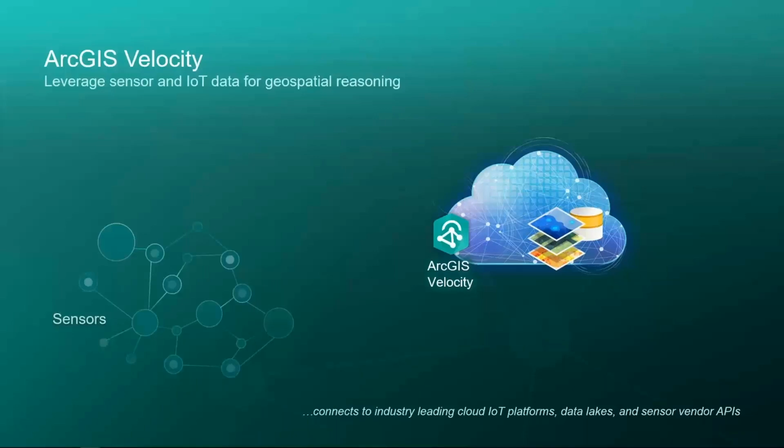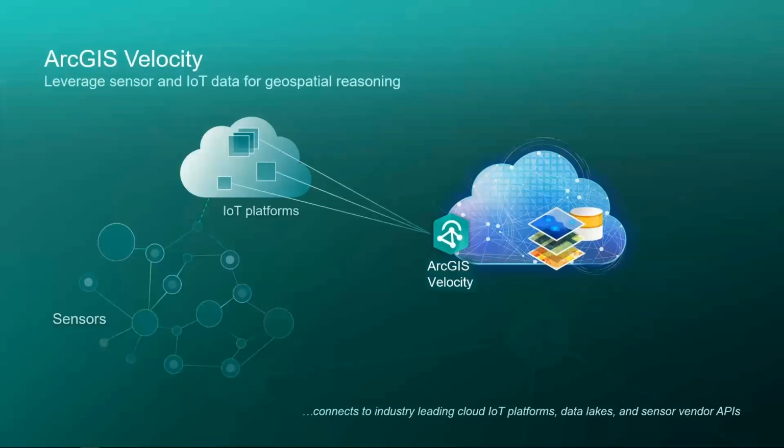So as sensors are deployed out in the field today, they're increasingly being onboarded and connected up to IoT cloud frameworks. Azure, AWS, and Google have solutions for being able to onboard and connect up devices. ArcGIS Velocity can subscribe to or query many of these IoT platforms directly without requiring developer level integration. It's already included.